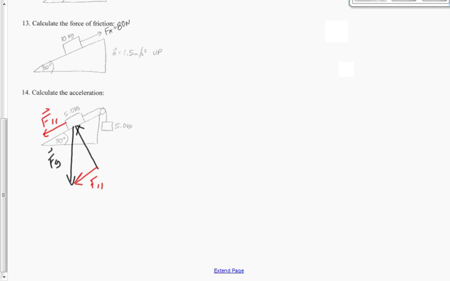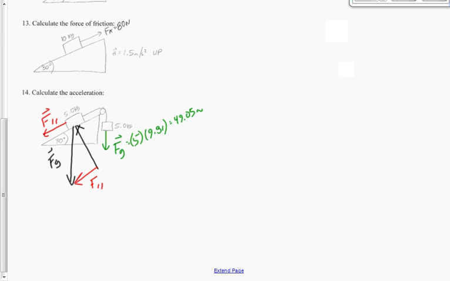I used to call that FH for the force of the hill, but now I just call it F parallel to remind you that it's the force that's parallel to the hill. We've got another force acting here as well. It doesn't say friction, but we got another force acting this way. That's going to be force of gravity, which is 5 times 9.81, which is 49.05.